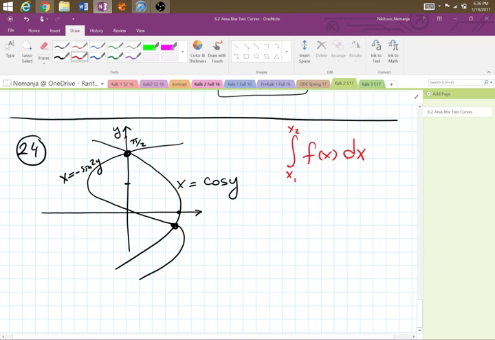So you see that a and b are values on the x-axis, so I can actually call them x1 and x2. And also y1, y2, f of y dy. When you start mixing up these x's and y's, then you're in Calc 3. So make sure that it's x across the board and y across the board.